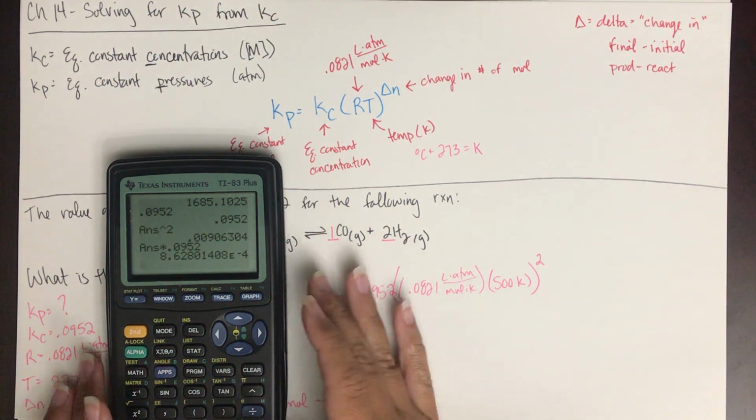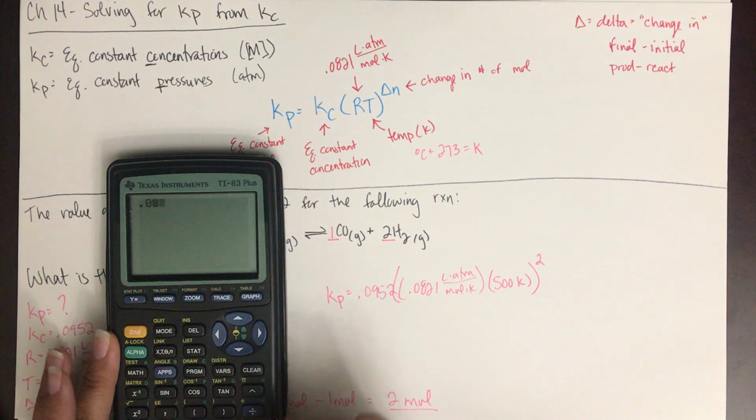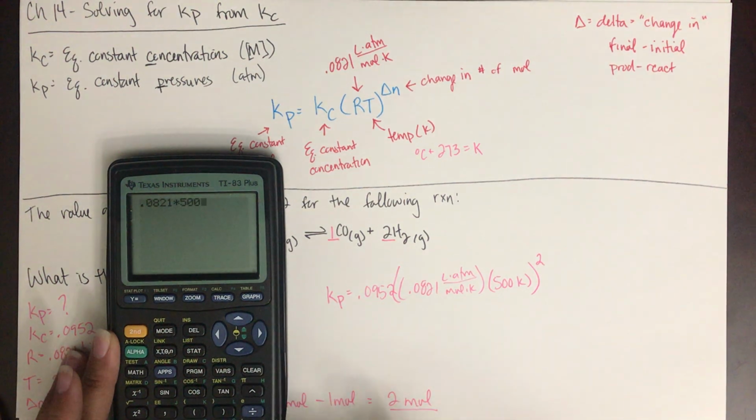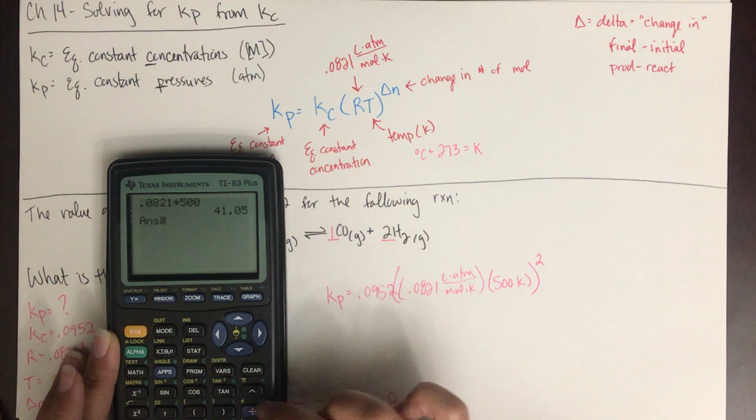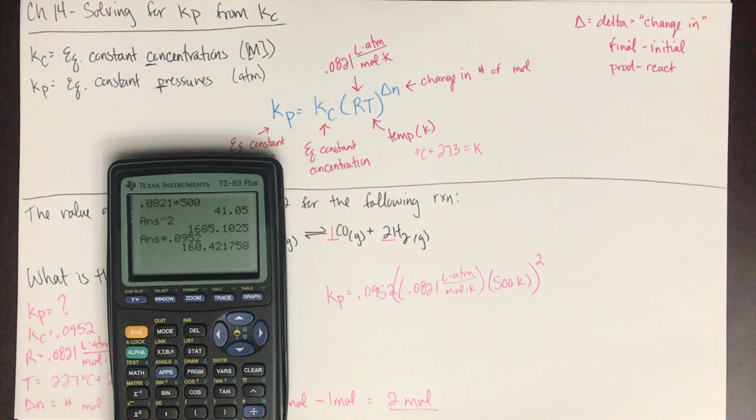And I did something wrong. 0.0821 times 500 squared times 0.0952. There we go. And it is 160.